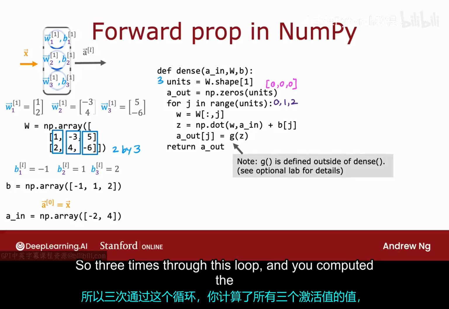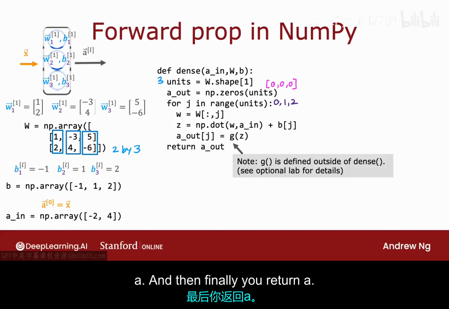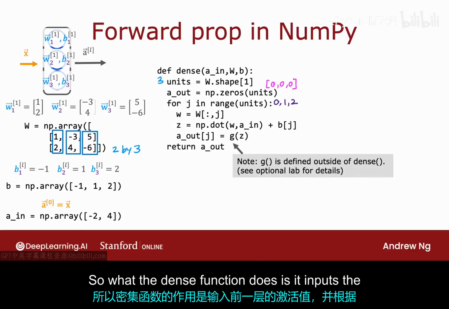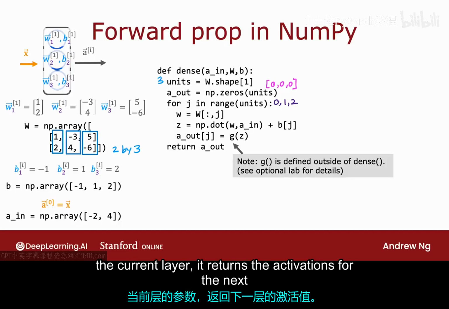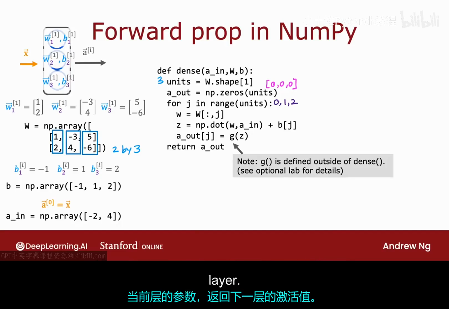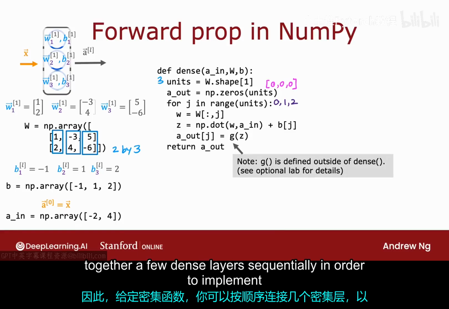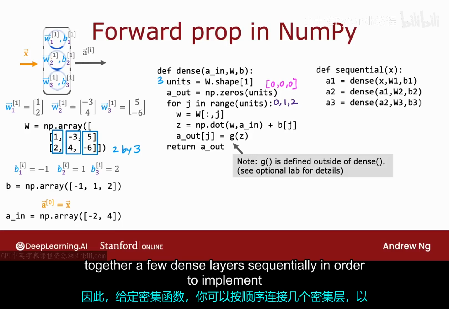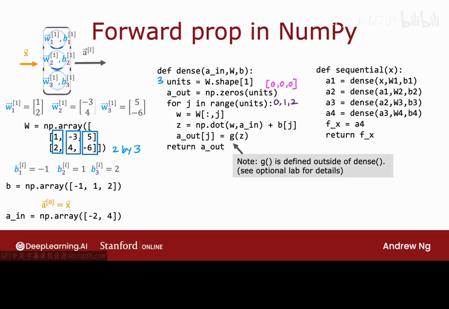So 3 times through this loop, and you've computed the values for all 3 values of this vector of activations A, and then finally you return A. So what the dense function does is it inputs the activations from the previous layer, and given the parameters for the current layer, it returns the activations for the next layer. So given the dense function, here's how you can string together a few dense layers sequentially in order to implement forward prop in a neural network.